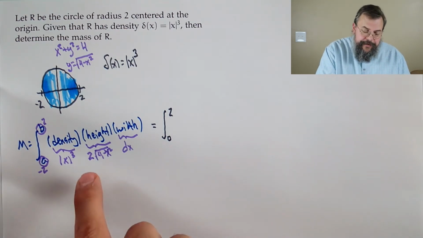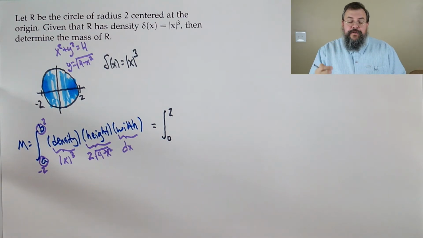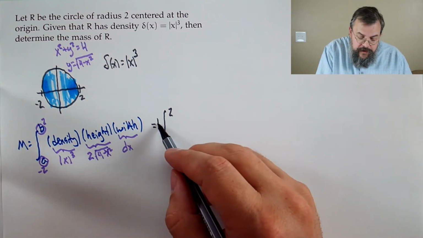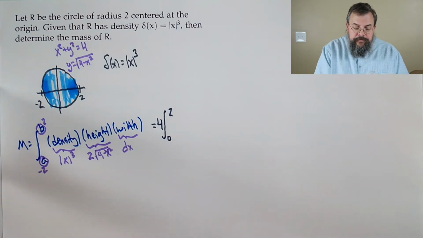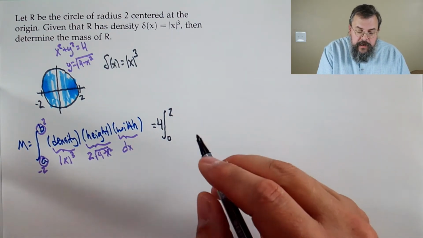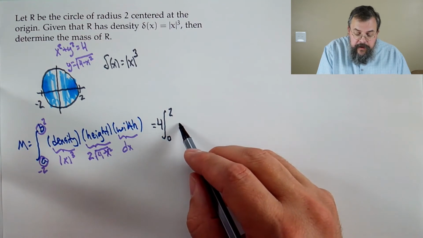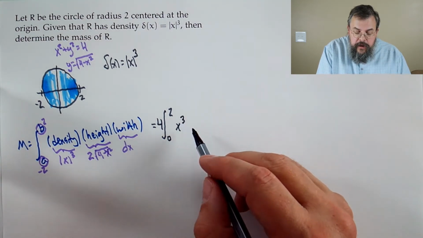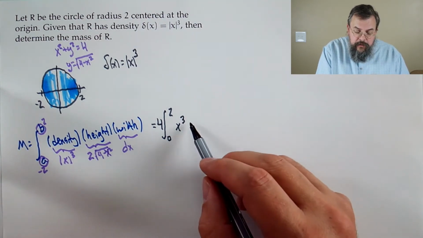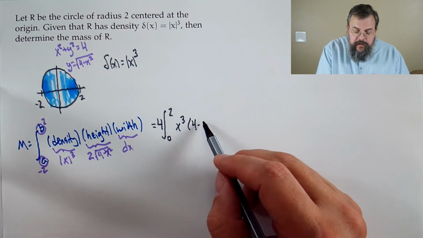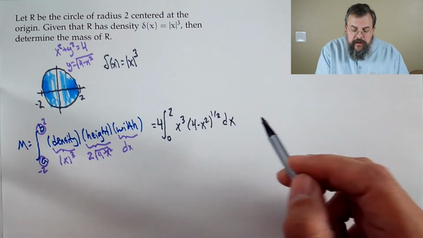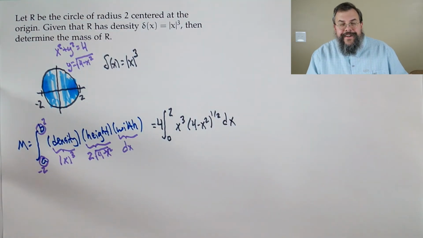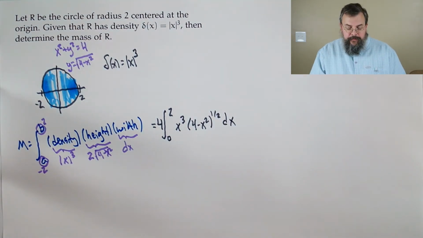Notice we already have a factor of 2. 2 times 2 gives us 4. So this 4 comes from the 2 and by symmetry. Now we can drop the absolute value. So we have x cubed and square root of 4 minus x squared. You can write it as 4 minus x squared to the 1/2. Okay, good. That's what we need to integrate now.